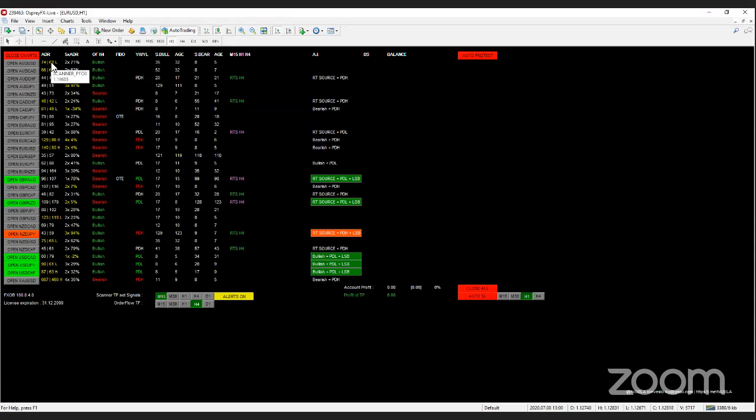This here means that the pair's average daily range is 60 pips, but it has met its ADR of 74. Okay, so it's moved 74 pips. This is that projection from the bullish order flow on an H4 time frame. It's moved 2.7 times its ADR value.